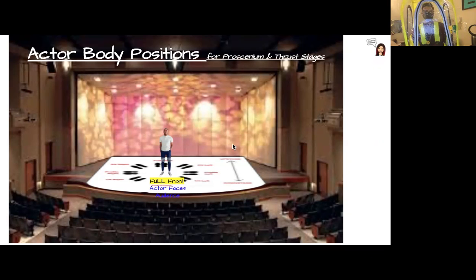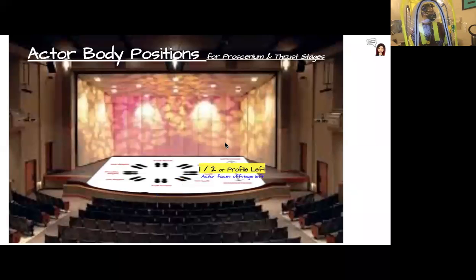Halfway in between those two areas, we get our next body position, which is half or profile left. This person is facing off stage left. So right now I am standing full front to you guys, but it's halfway between full front and full back.